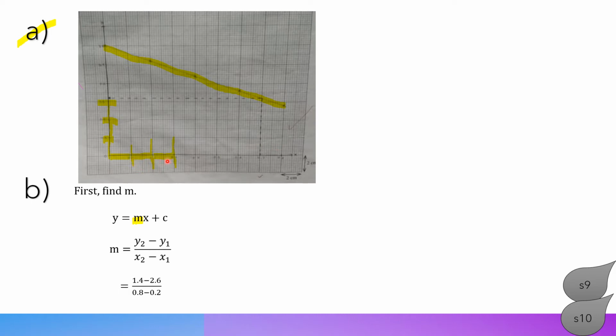Maybe I can check. Yeah, here. I choose here. Okay, and then I subtract. So you get -2 for m.